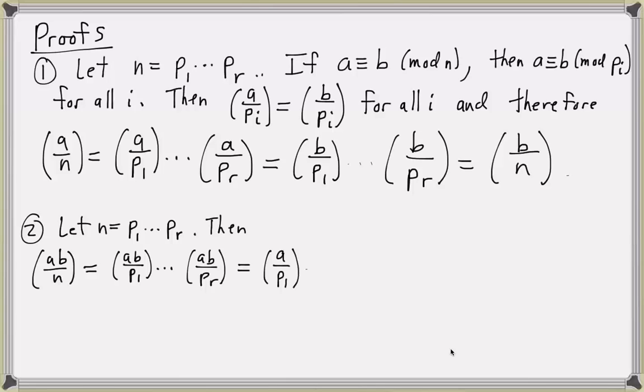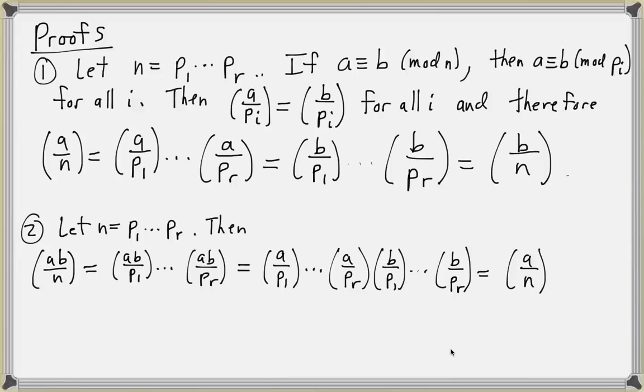So we're going to have A over p1 up to A over pr, and we also have B over p1 up to B over pr. But that's the definition of A over n times B over n.